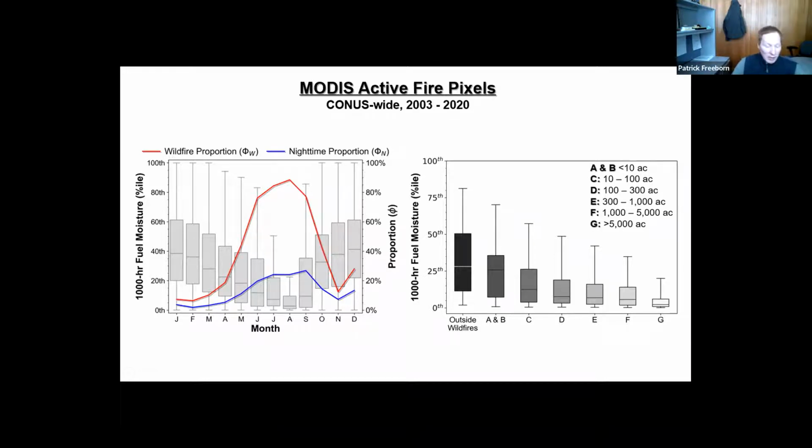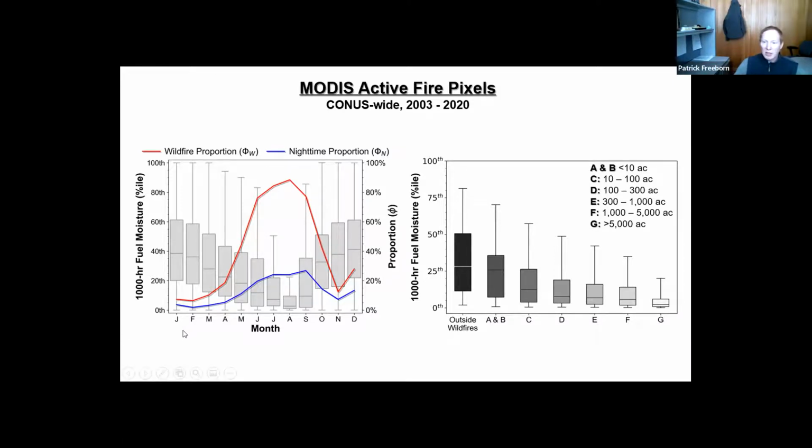So to some degree, we can kind of capture the effect of all those variables with the 1,000-hour fuel moisture content. Okay, this graph on the left, again, shows our seasonal profile of wildfire proportions in red and nighttime proportions in blue, which we saw a few slides ago. Behind those seasonal profiles, we see the distribution of 1,000-hour fuel moistures at the times and locations of those active fire pixel detections.